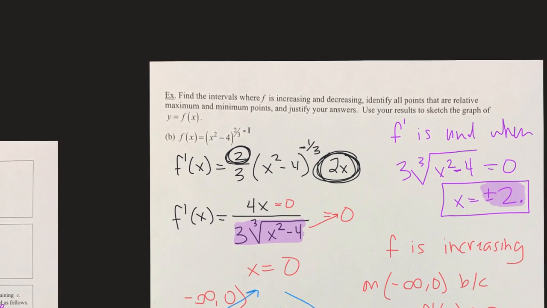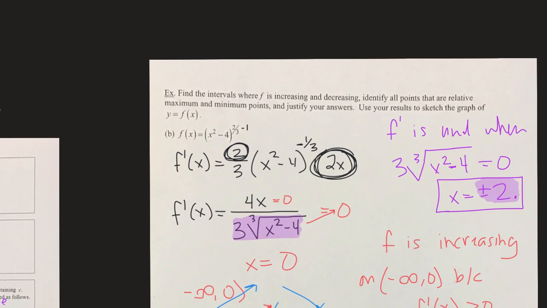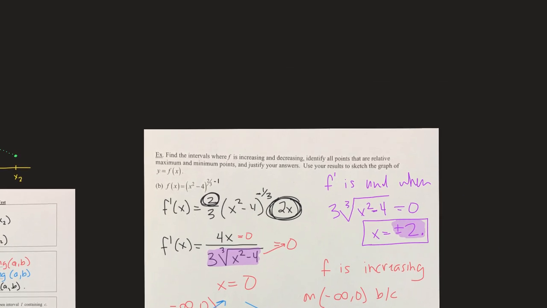So let me come up here, I'll do that up here. I'm going to check f prime at -3, and I'm going to check f prime at +3. And I think our intervals are going to change a little bit. If we do this, we get a -12 on top, and then -3 squared is 9, so that's going to be a positive on the bottom, which means that we are negative to the left side of -2.